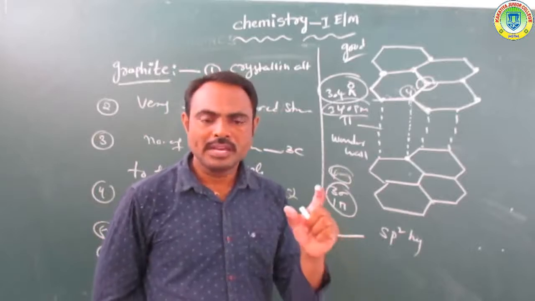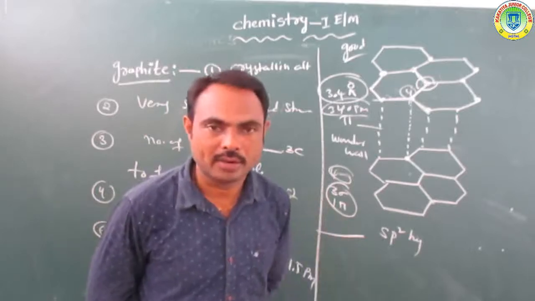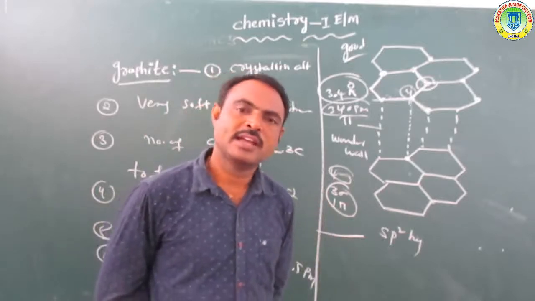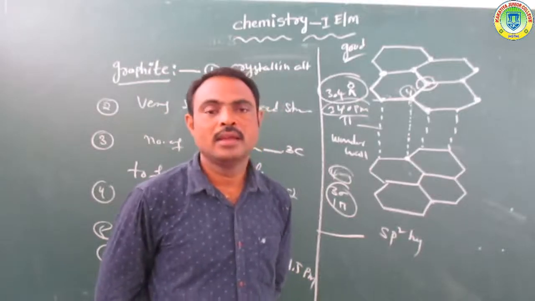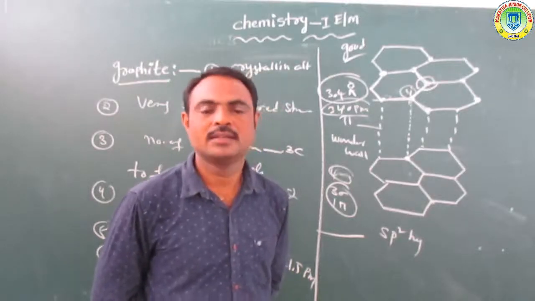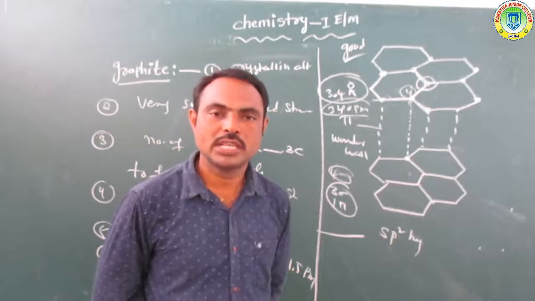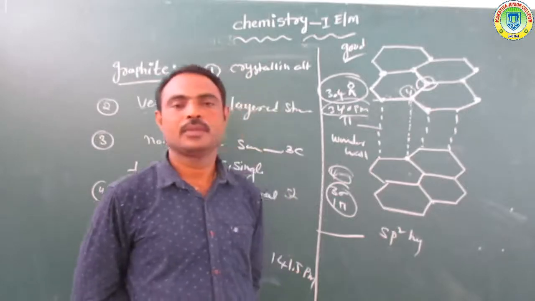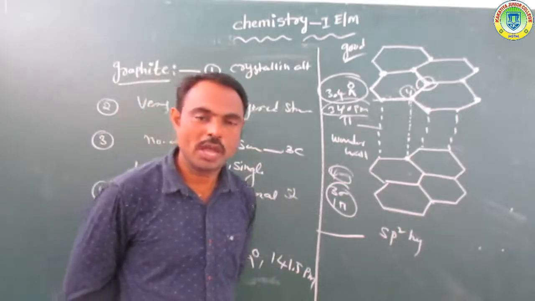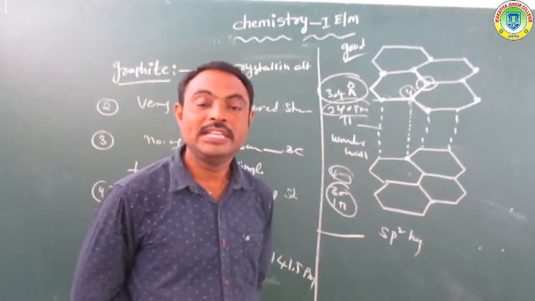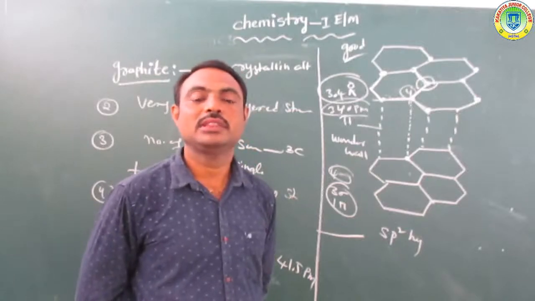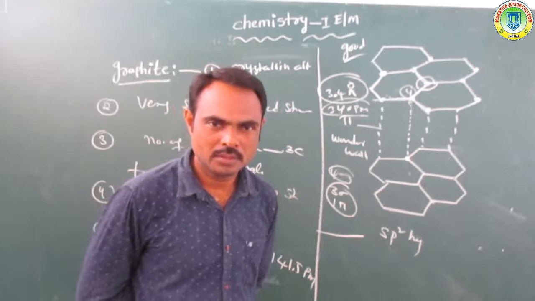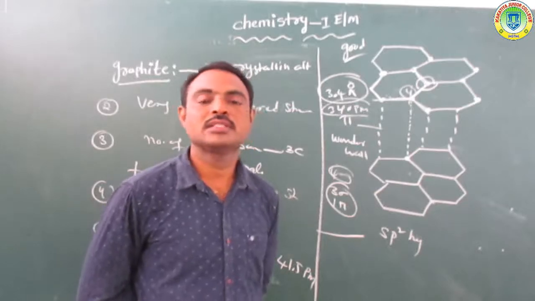So graphite is a good conductor. Why? In this graphite, carbon undergoes sp2 hybridization. Each carbon is attached with 3 carbon atoms with sigma or single bonds.